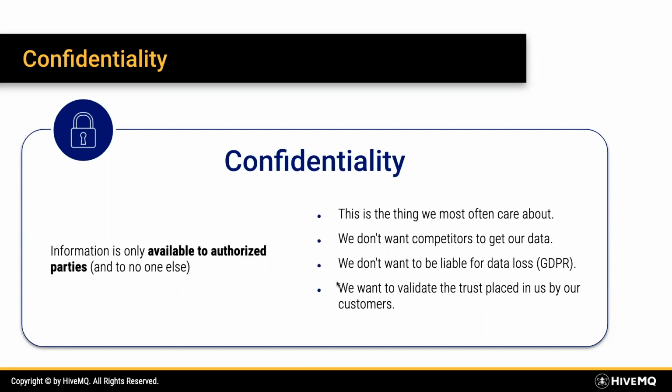We don't want our competitors to get our data, because data is our advantage. We don't want to be liable for data loss, especially in the European Union. Legal punishments have become quite harsh in the last years, and this is good, but we want to be compliant here. And we want to validate the trust placed in us by our customers. If we don't have the trust of our customers, they won't give us their money. It's just a natural reaction. And we don't want that to happen.